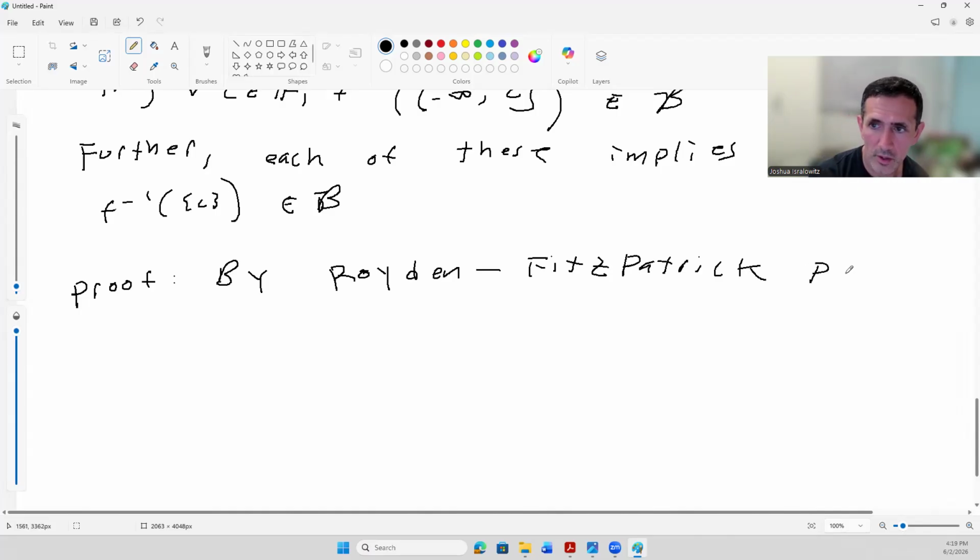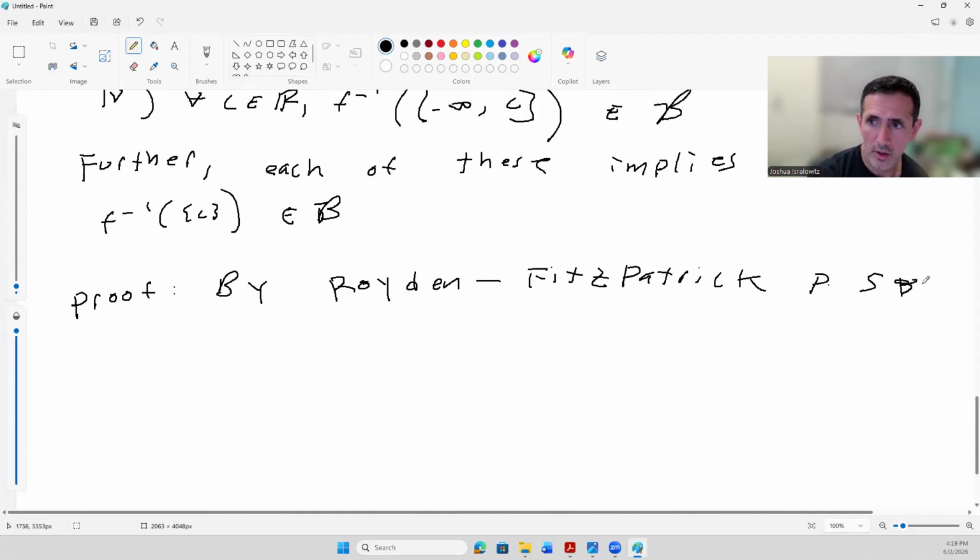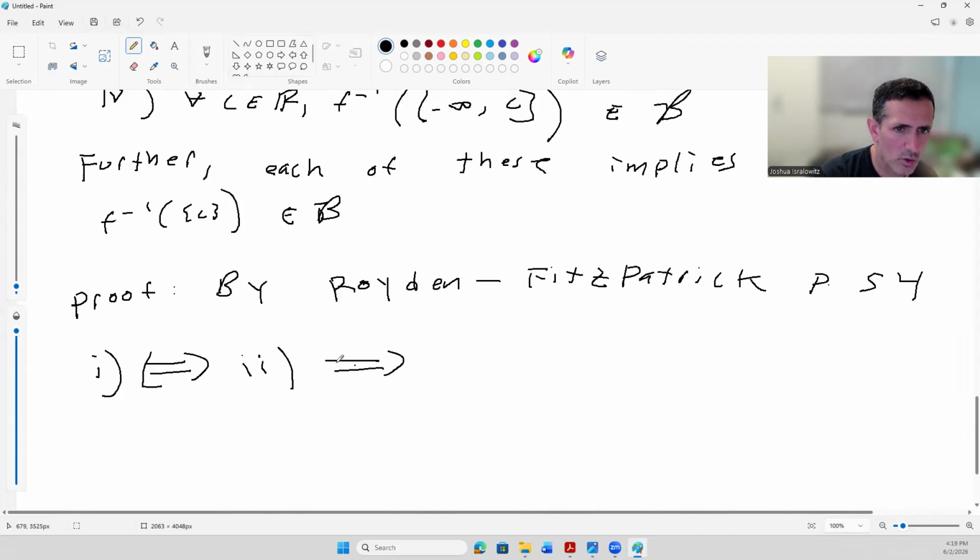And so we have, just by sigma algebra properties, 1 is equivalent to 2, is equivalent to 3, is equivalent to 4.